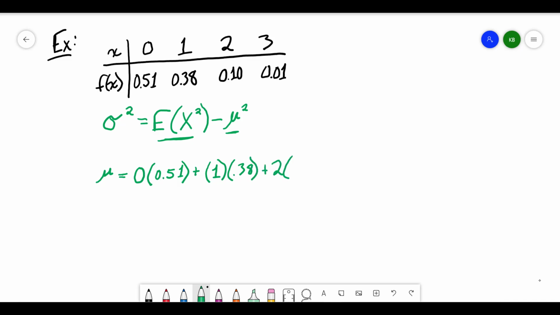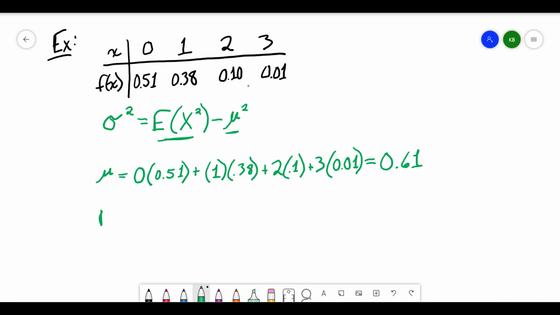And we're going to continue this until we've done this for all of the values that our random variable can take. And then we find those products and the sum of the products, and we find that our mean is actually 0.61.